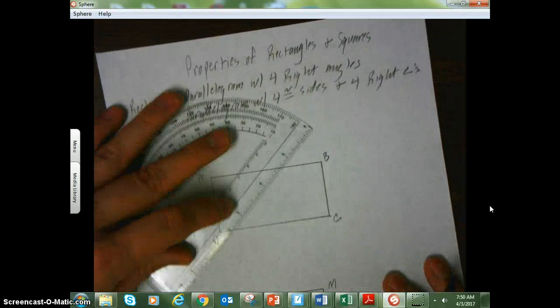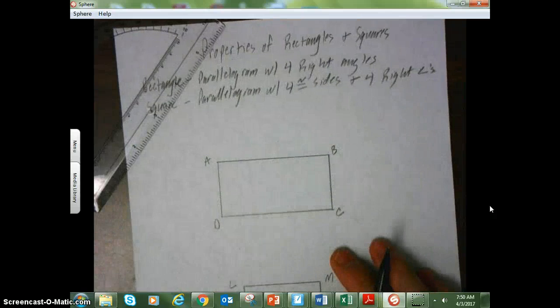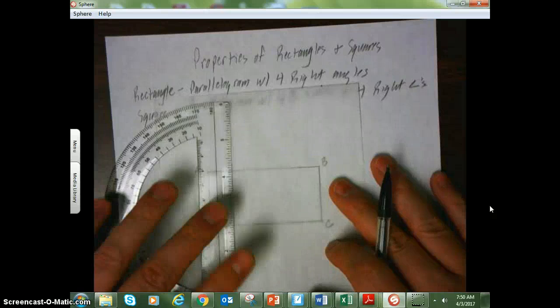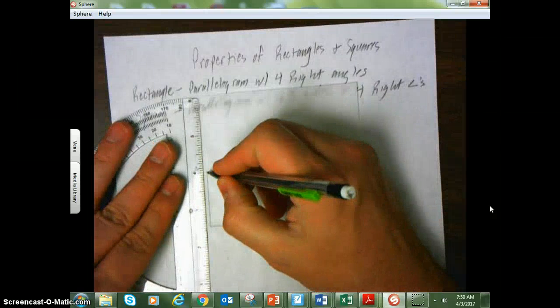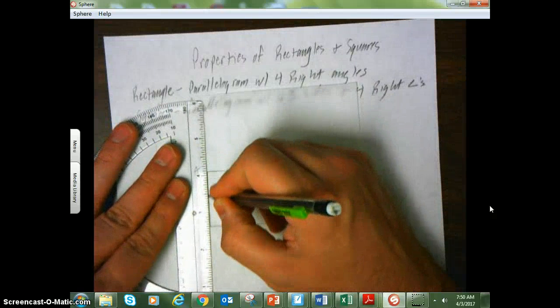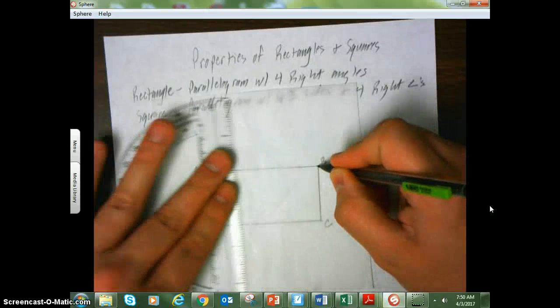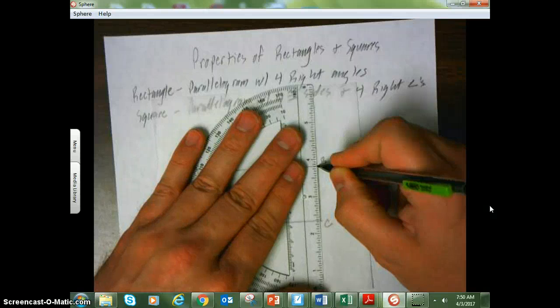Now, let's take my piece of patty paper here, and what I'm going to do is trace ABCD onto my patty paper.